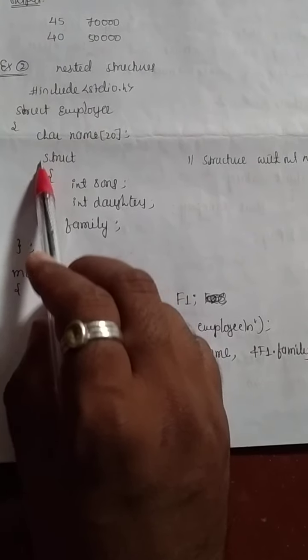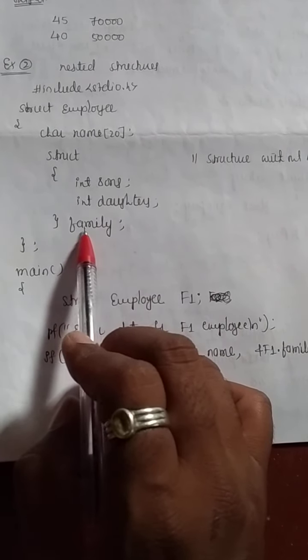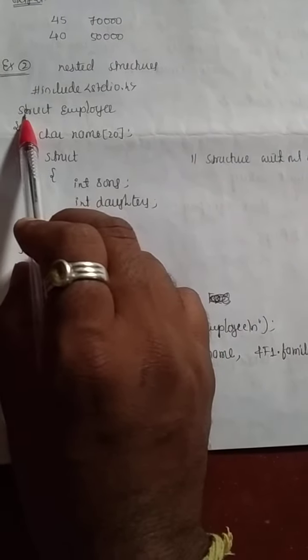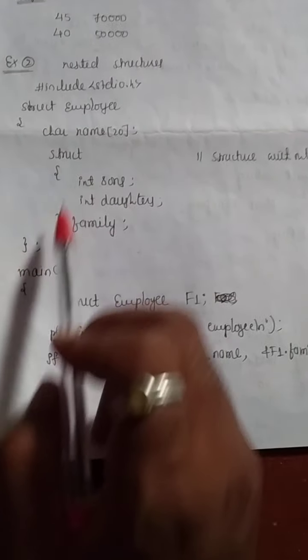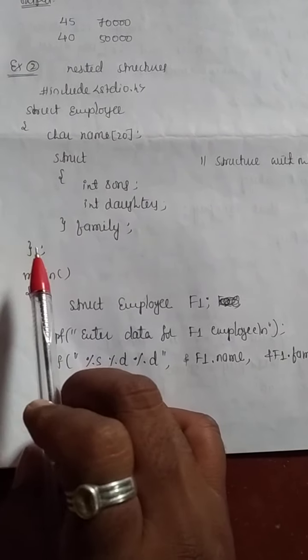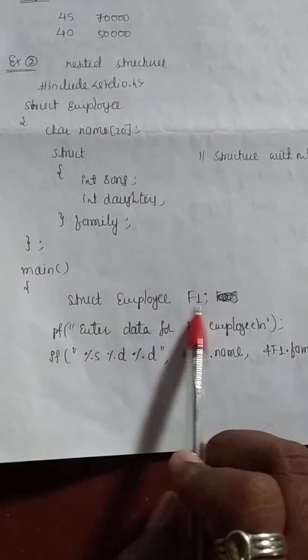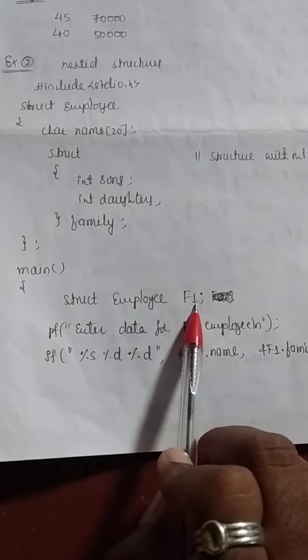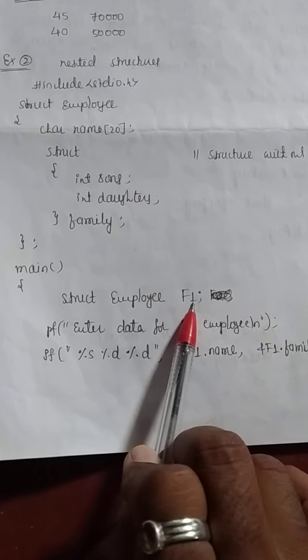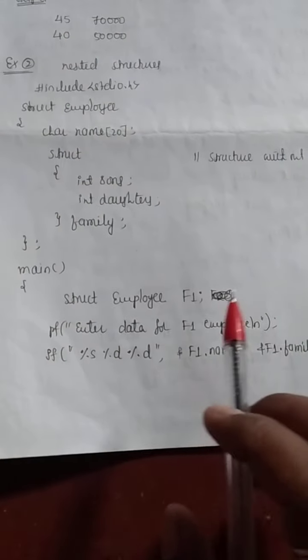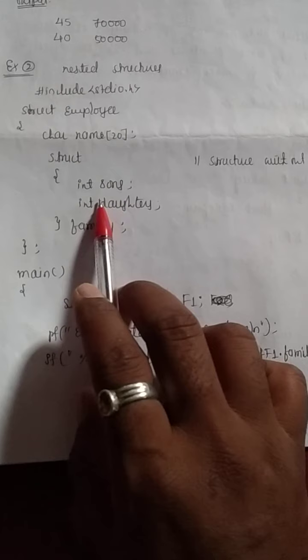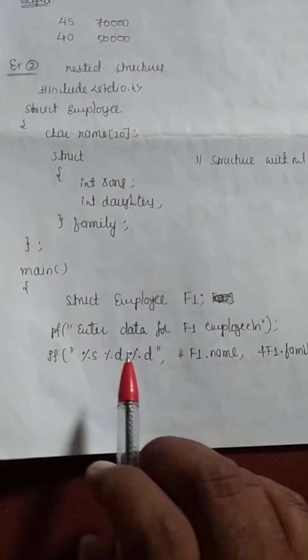So the inner structure has two data members with one variable family. The outer structure has one data member with no variable name. The variable name for this outer structure is declared here: struct employee F1. F1 is the structure variable for the outer employee. It can access inner structure details also.